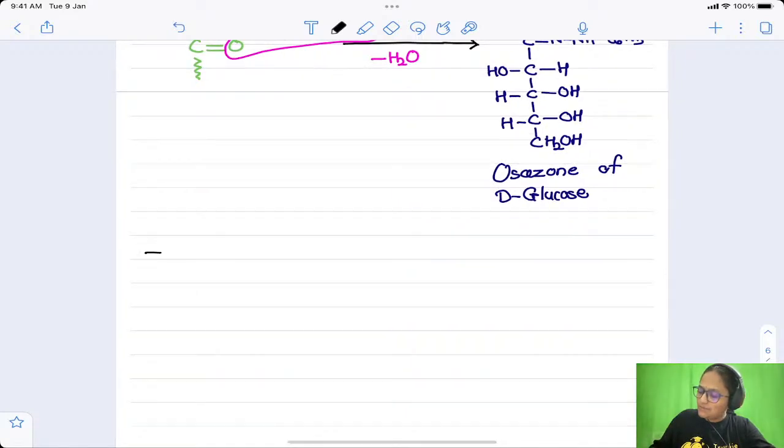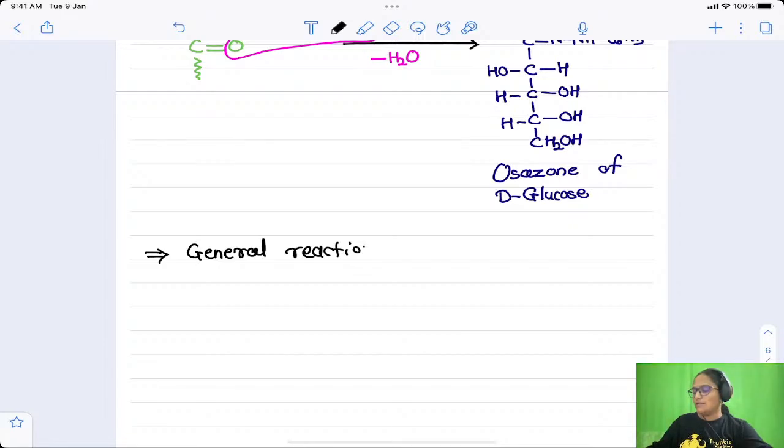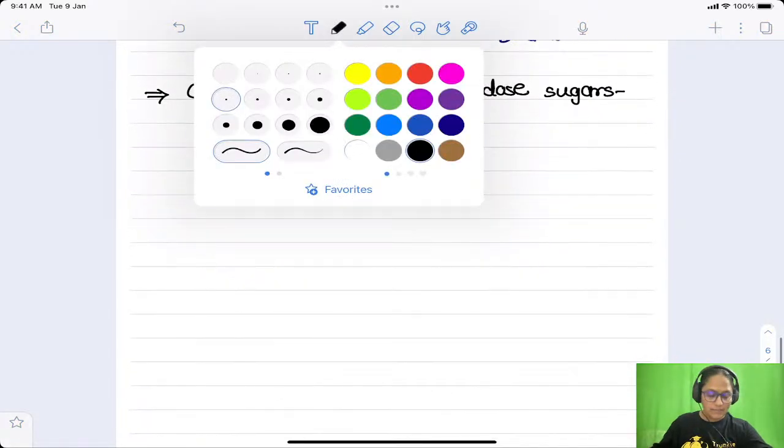So this is the general reaction for all aldose sugars, the general reaction for osazone formation. Let us see how to write down that reaction.